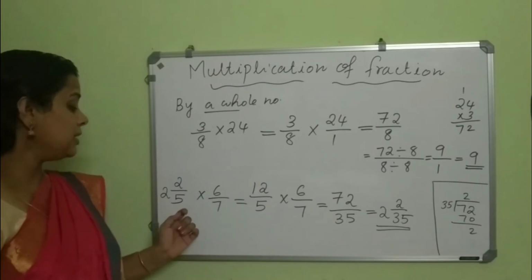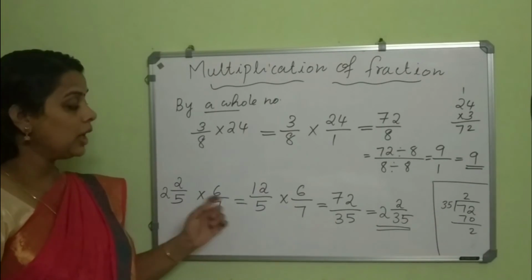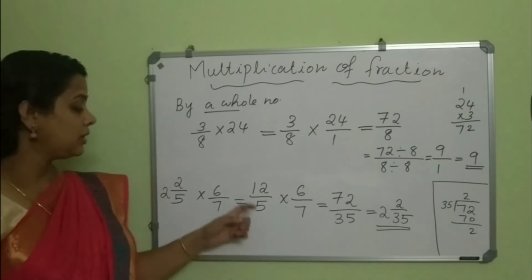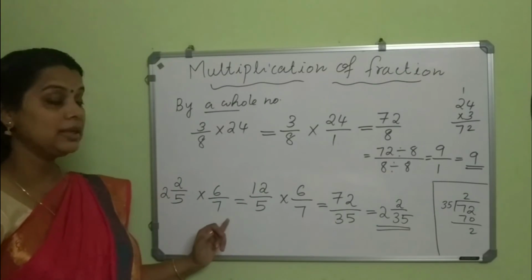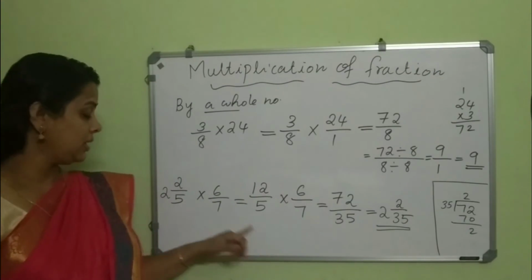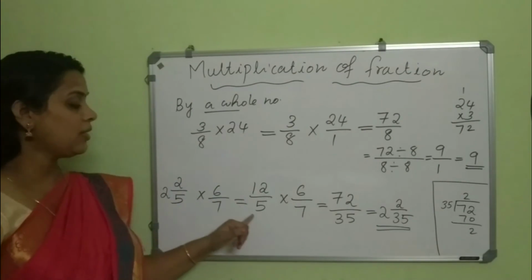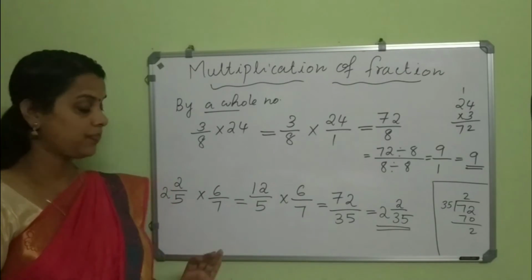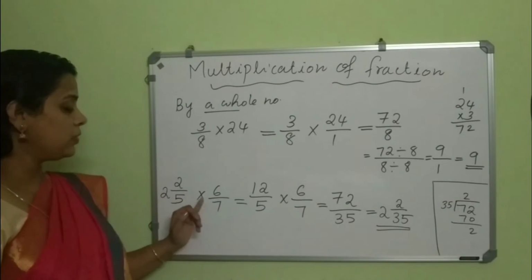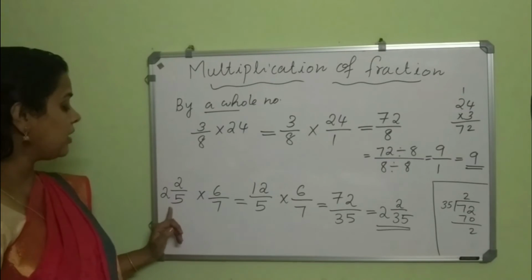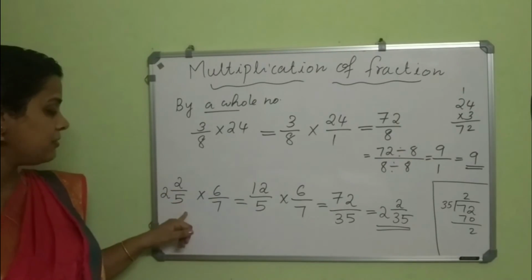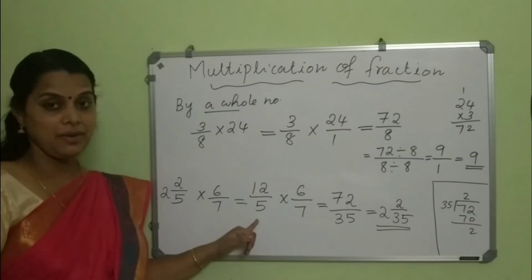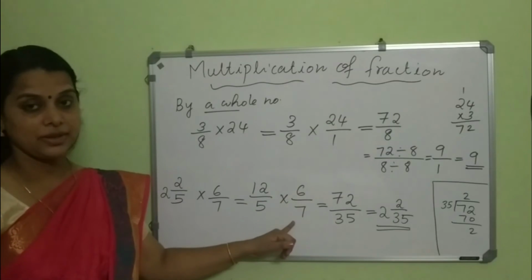If there is a mixed fraction in the question, how do we do multiplication? The same way we did addition and subtraction. The mixed fraction we need to convert into an improper one and do the same method. That is 2 2 by 5 into 6 by 7. We convert the mixed fraction to 12 by 5 into 6 by 7.